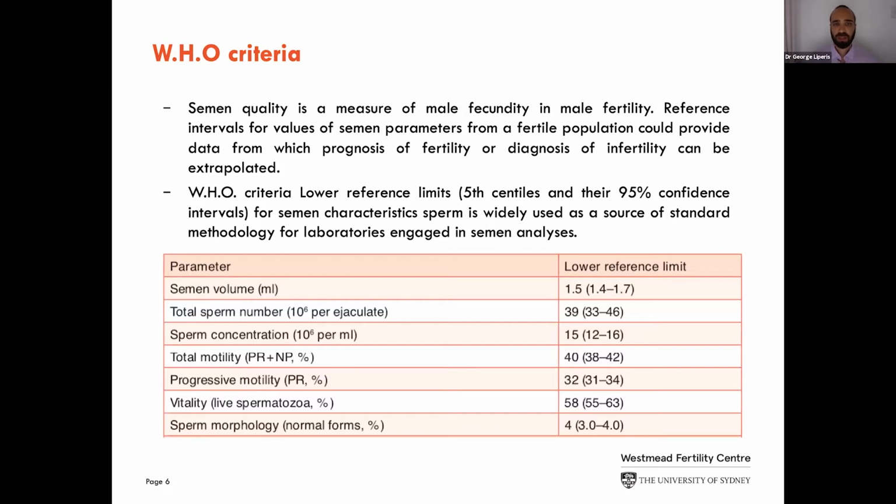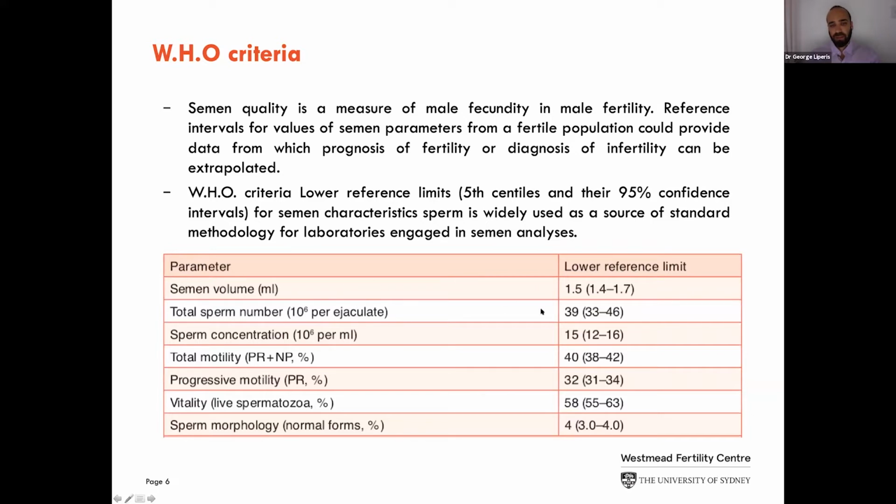So semen quality is a measure of male fecundity, and there are reference intervals for values of semen parameters that have been derived from the fertile population, and that provides the data from which prognosis of fertility and diagnosis of infertility can be extrapolated. We can see here the WHO criteria along with their lower reference limits for the semen characteristics in sperm.